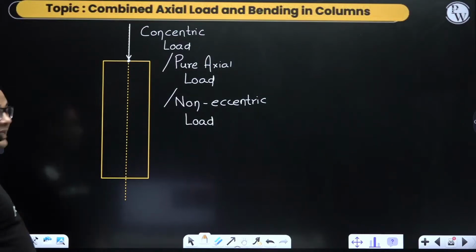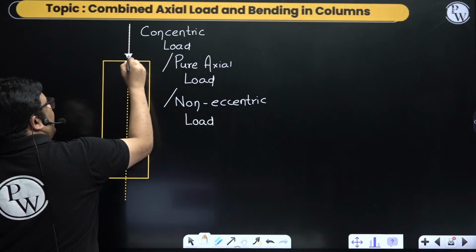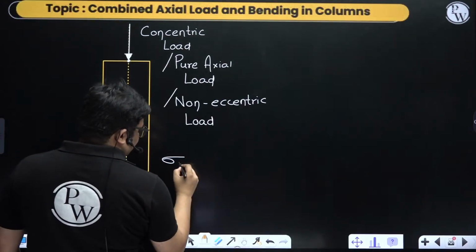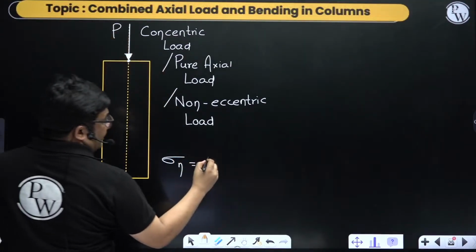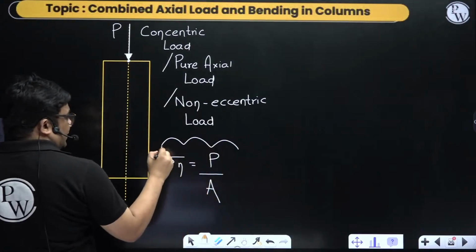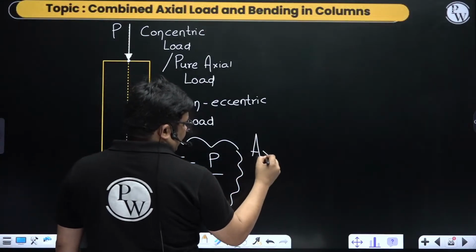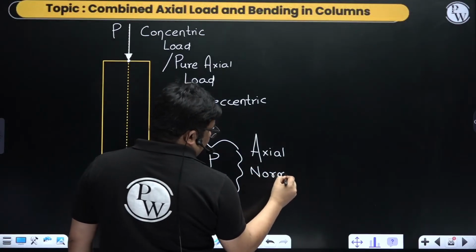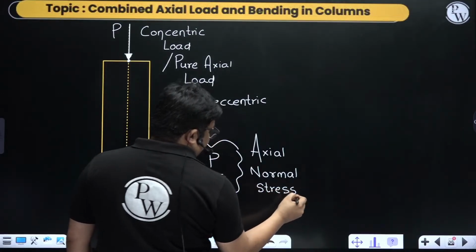So in this case, there will be only axial load, and due to axial load there will be normal stress or axial stress, and that will be simply the load P divided by area. So we get axial normal stress. Very easy, very good, nice.